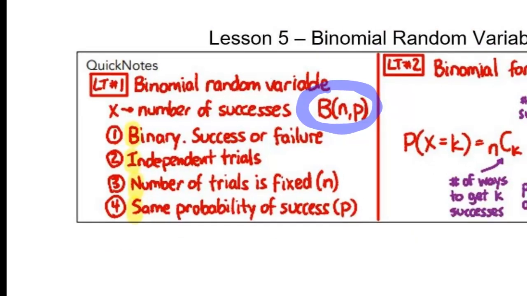And we always have to check these 4 criteria. We can abbreviate this as BINS, B for binary, I for independent, N for fixed number of trials, and S for same probability of success. So we can just use the acronym BINS to remember this.